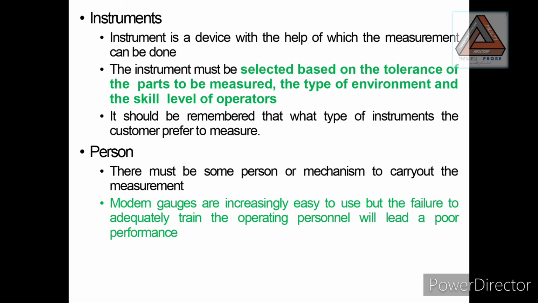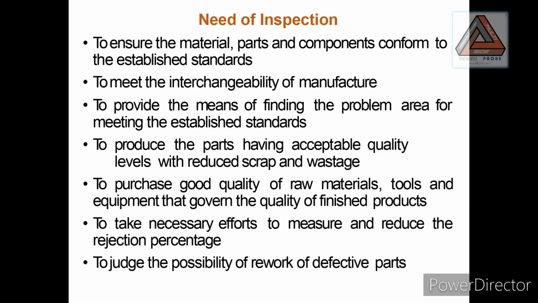It should be remembered what type of instrument the customer prefers to measure. If we are going to buy a shirt in a ready-made shop, we know how to buy. So what are we going to ask?